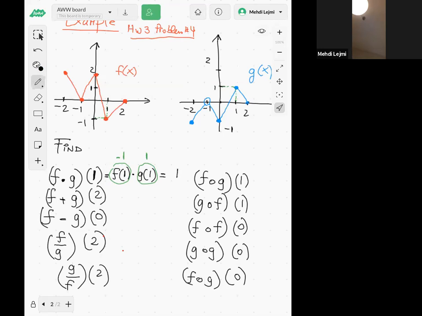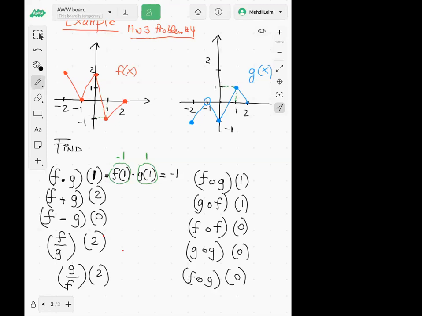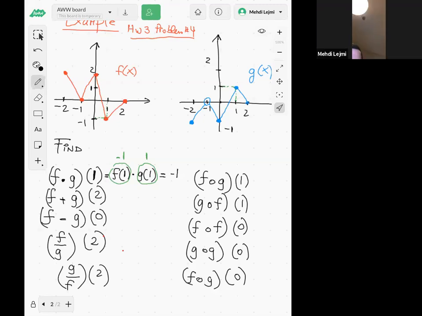Okay. So you see what I did, guys? So f times g of 1, you need to find f of 1 first, and then multiply. For example, the first one we have -1, right? And the second one is 1. So then we multiply and it's -1. Yes, for this one here, we multiply.